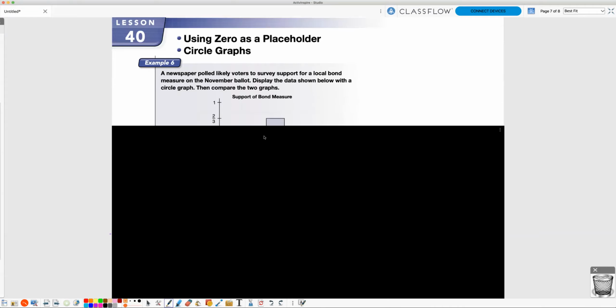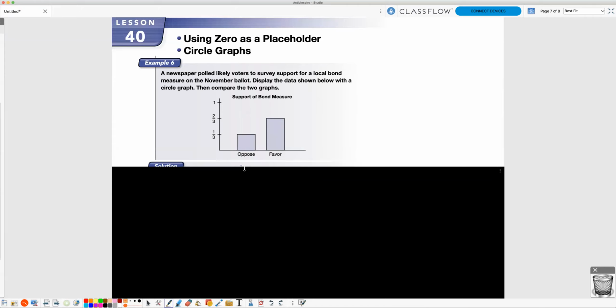So here's the problem. 1/3 of the people oppose the bond measure, meaning they don't support it, and 2/3 favor it. If you add those two together, that would be 3/3, which equals 1, which also equals 100% of the people polled. So 1/3 oppose, 2/3 favor.